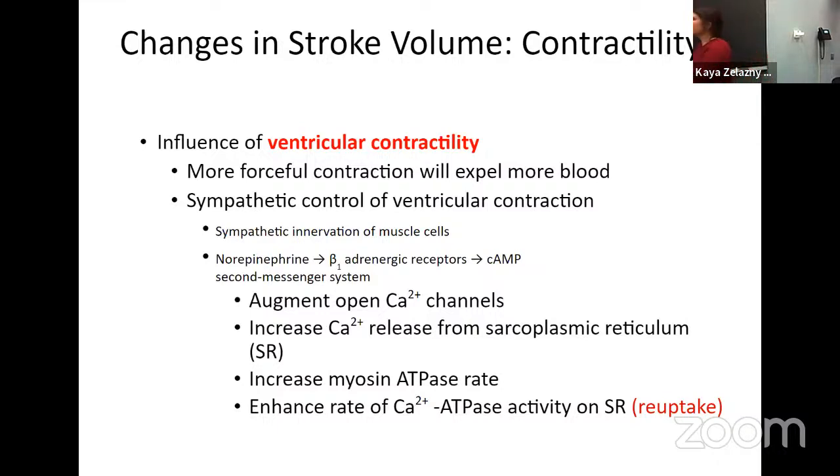So we're still going to be making more cyclic AMP. Okay. So overall, this pathway is very similar, pretty much the same as the effect of the sympathetic nervous system on the sinoatrial node. It's just now we're going to be affecting a different property. Instead of affecting the speed of action potentials, we're affecting the force of contraction. Okay, so the way we do that is we are now going to open more calcium channels.